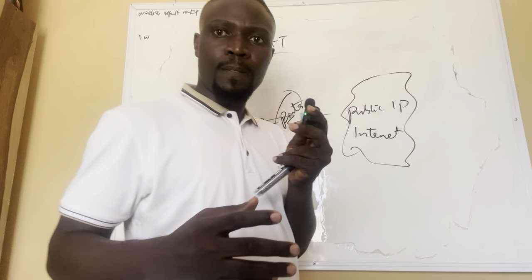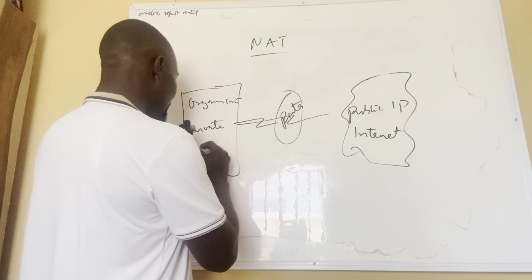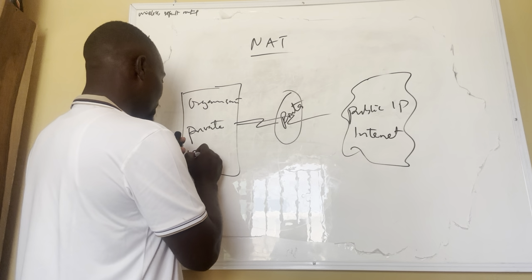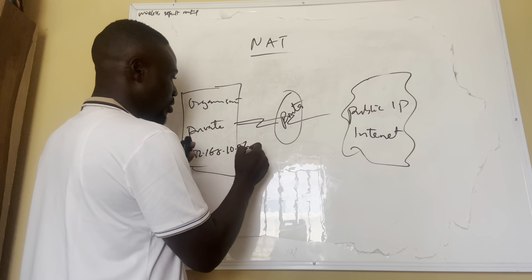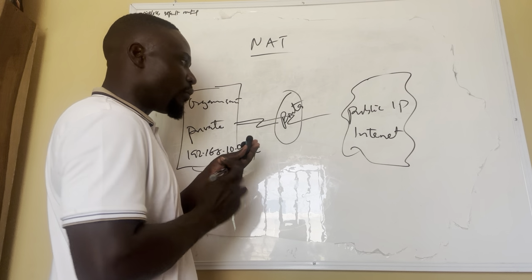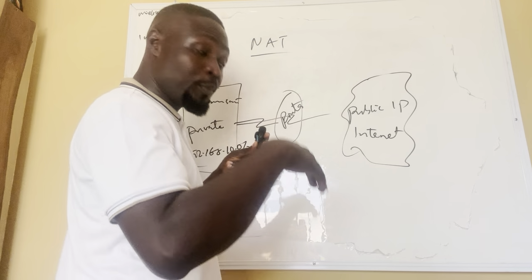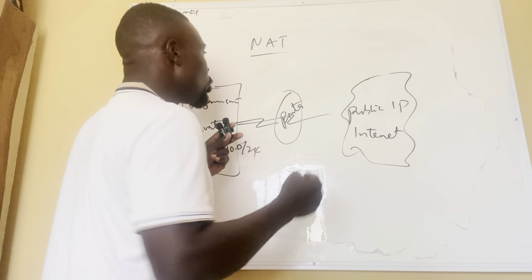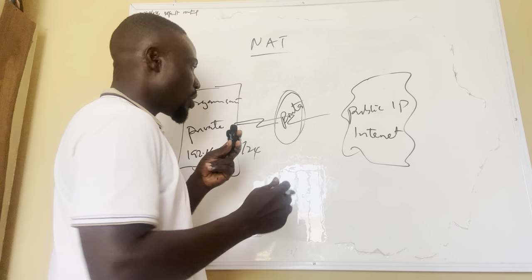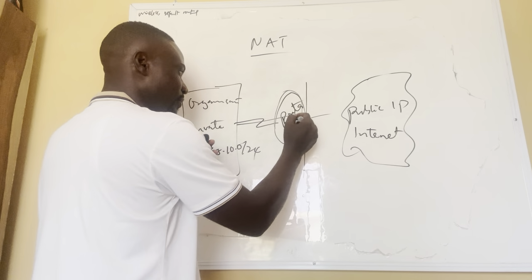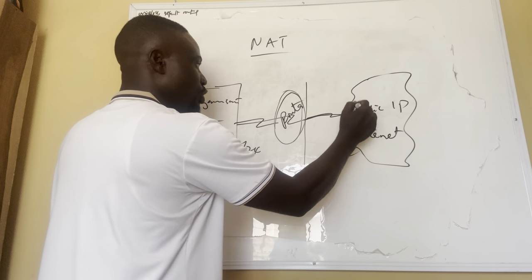So now, for you that is using private IP, let's say 192.168.10.0/24, for you to be able to use the internet, you need a public IP, right? So now you need to configure something called NAT on the router that is facing the internet from your organization.